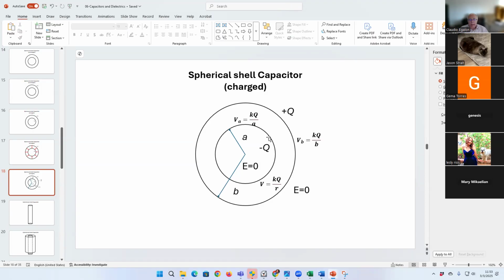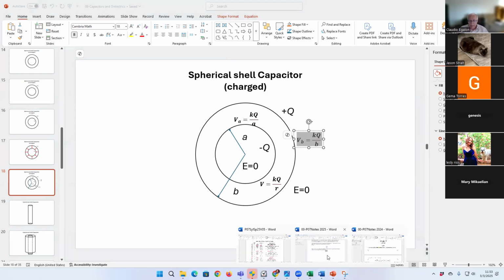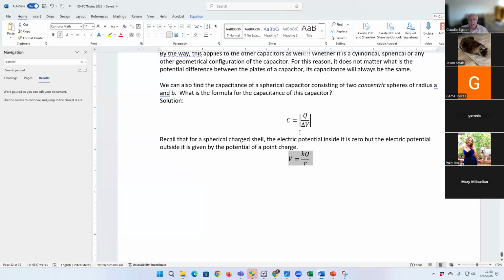Remember that in order to find the capacitance, we must get the electric potential difference between this surface and this other surface. So let's go back to our definition. Here we go.